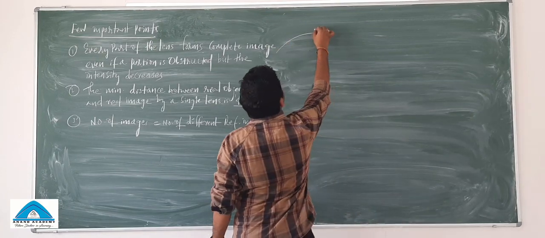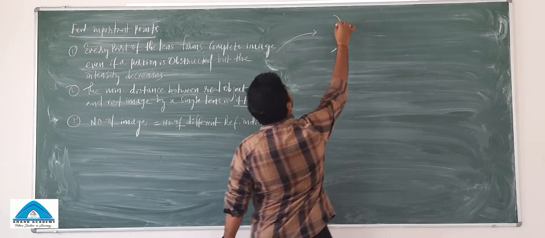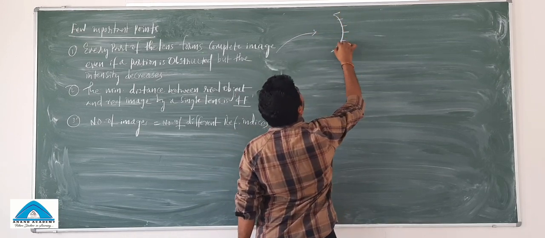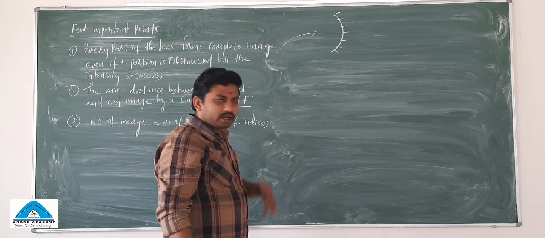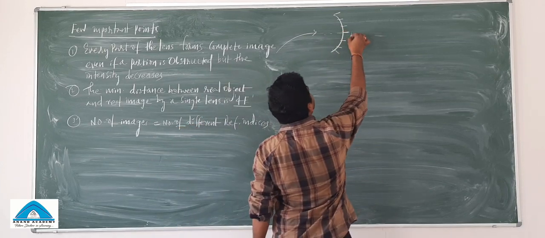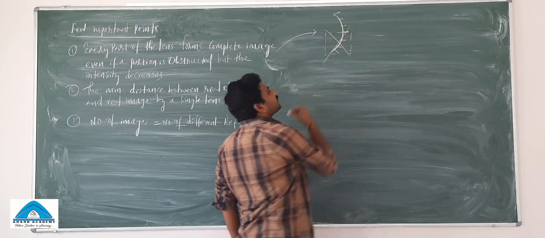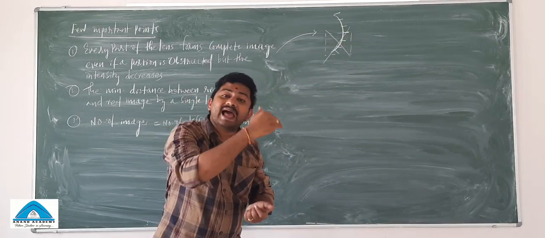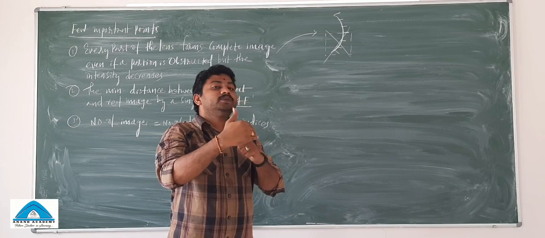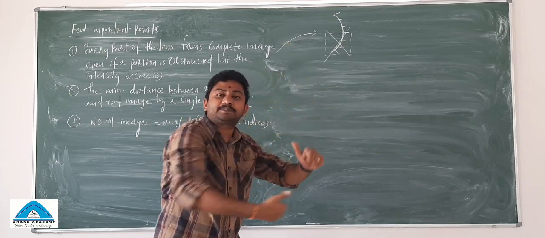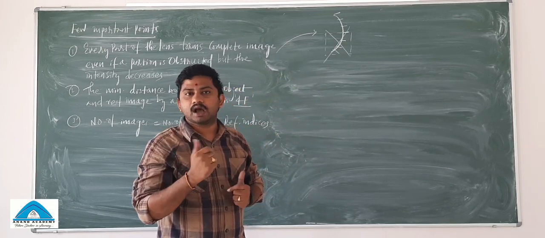So already we have discussed mirrors. For example, take the concept of a concave mirror here. Imagine half of the portion of the concave mirror we have obstructed or blackened. That means there won't be any incident light ray on that particular effective area.